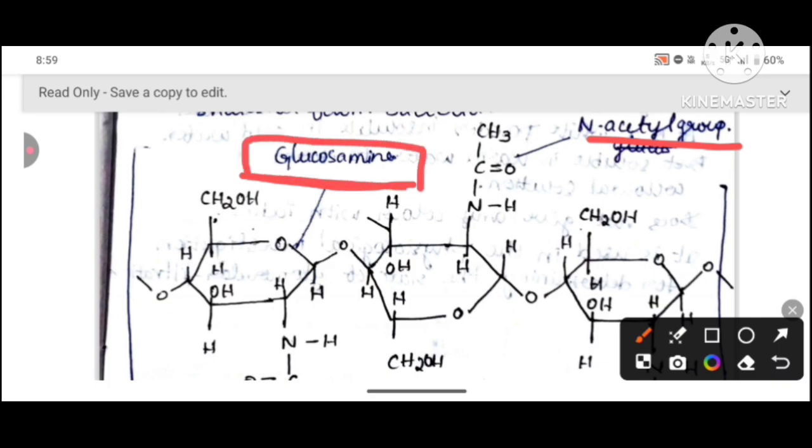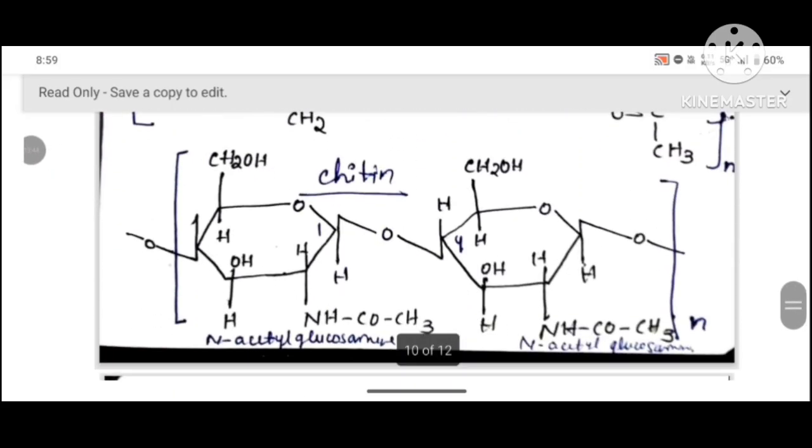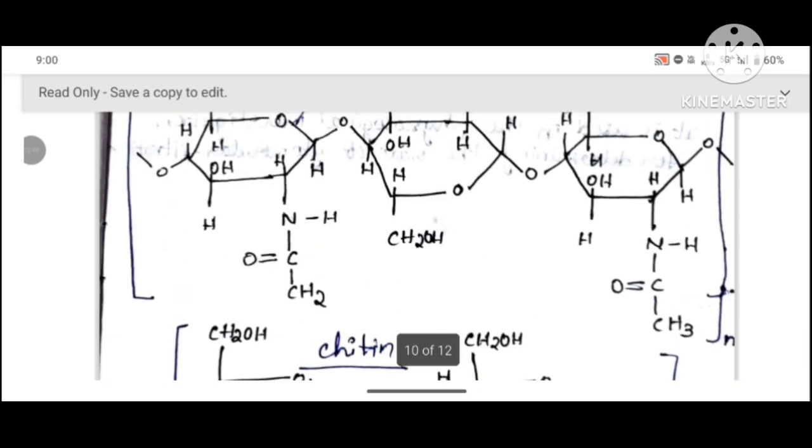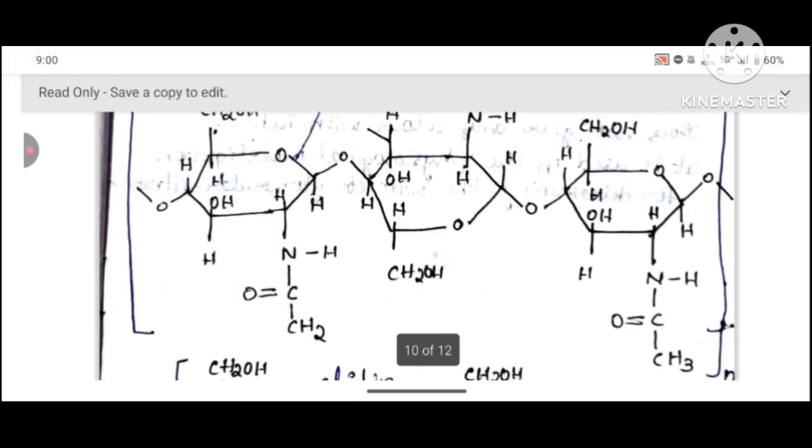So the glucosamine and N-acetyl group linkages with the glucose unit form a chitin structure. n represents the number. As it is a polysaccharide, you can draw n number of these structures.